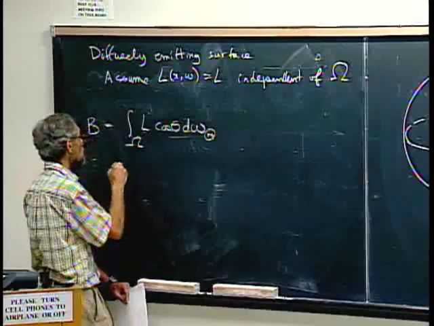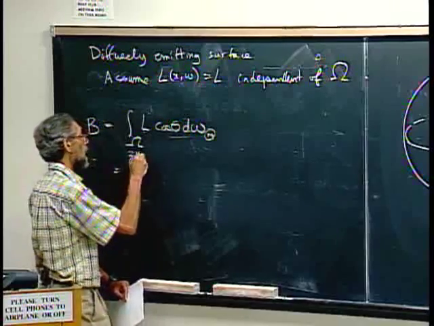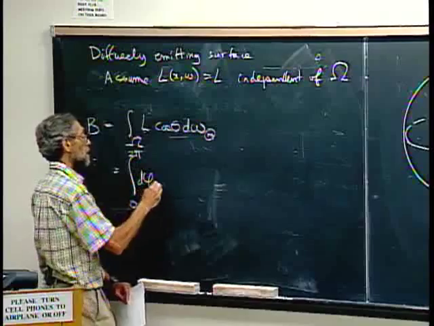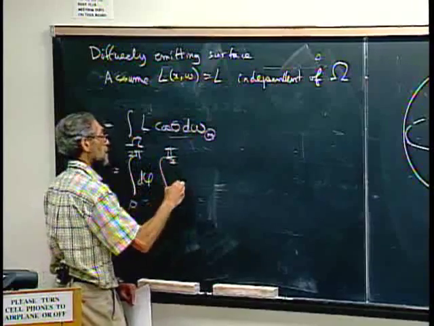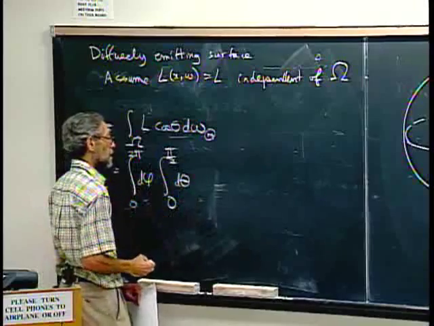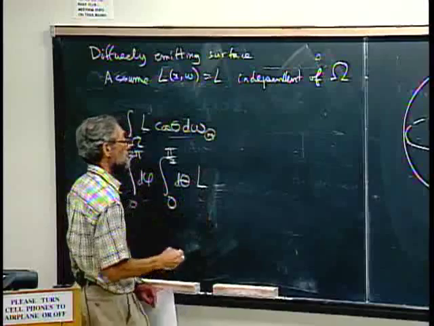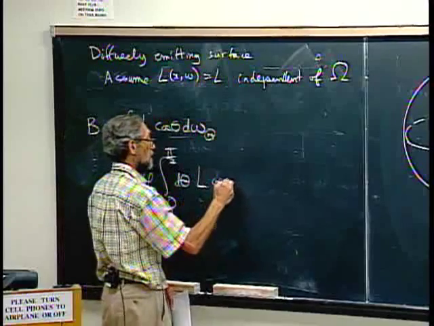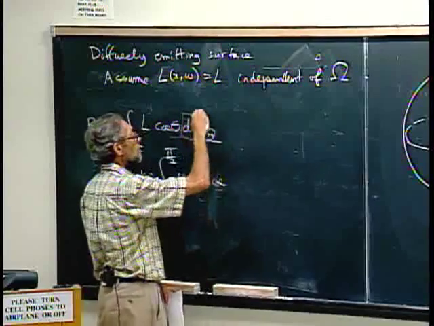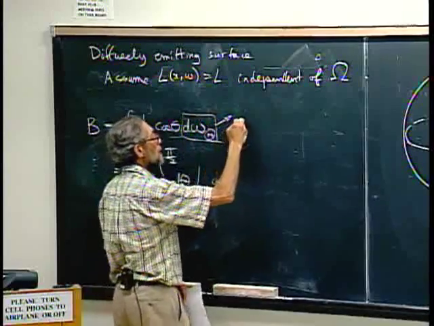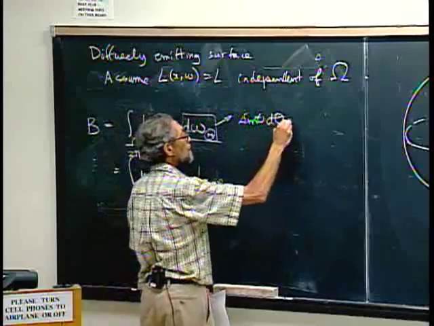Because I want to turn this into an integral from 0 to 2 pi d phi, and an integral from 0 to pi halves d theta of L times cosine. What I'm saying is this d omega is going to be sine theta d phi.